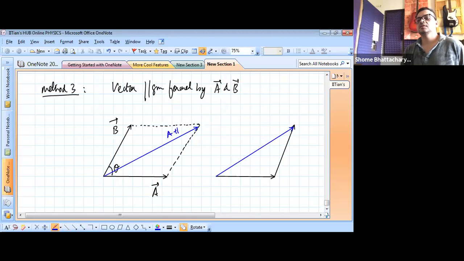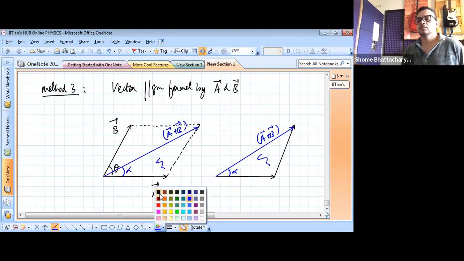So A plus B becomes this particular diagonal of the parallelogram. And this triangle is nothing but this particular triangle here. This angle is alpha, and this exterior angle is theta, so here you can see this angle is also theta. This is vector A and this is vector B.